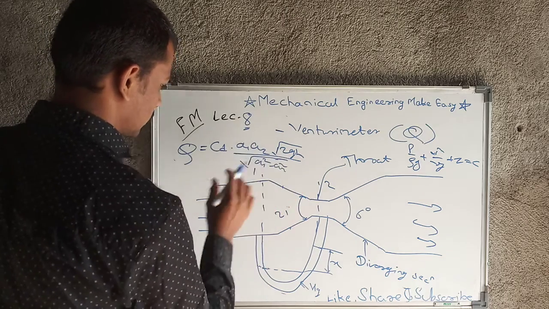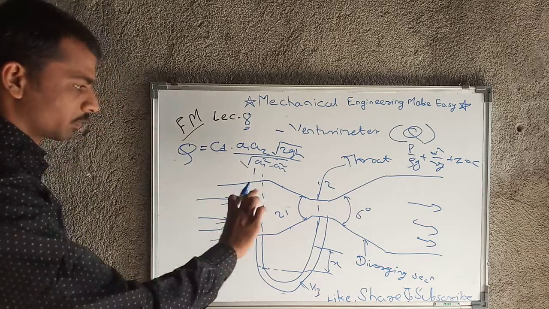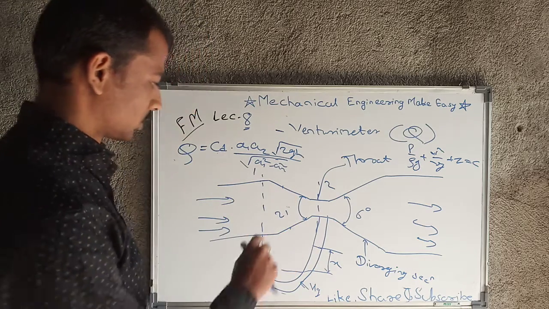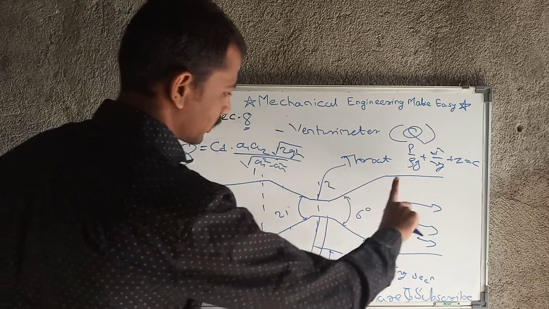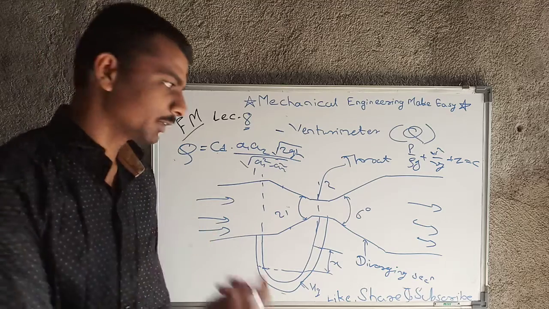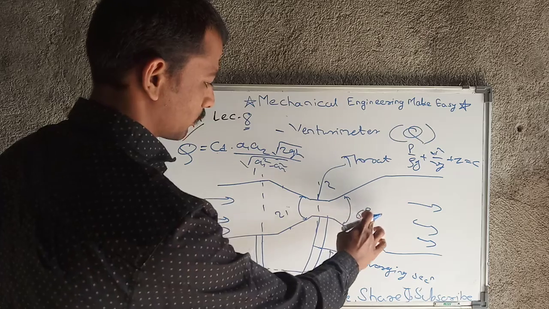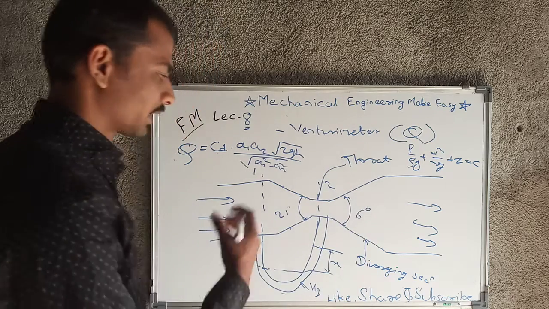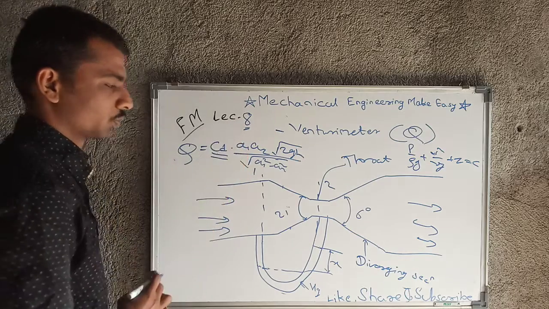So what exactly are all the terms? CD is the coefficient of discharge. Why? Because as we decrease the diameter here and increase the diameter here, obviously some losses will occur there. We are going to neglect a number of things here, but again some losses will be there. So coefficient of discharge we need here.